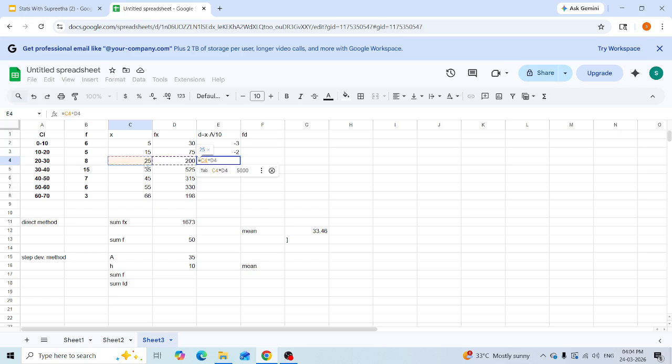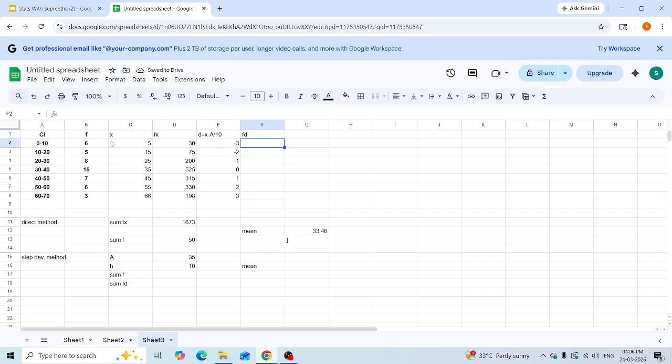So x minus assumed mean 35, divided by 10. We got the d.